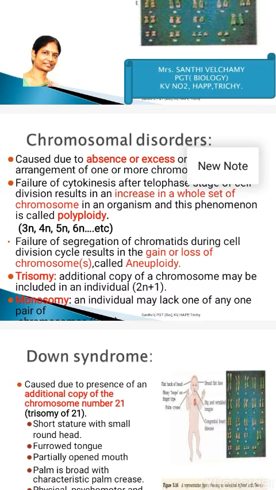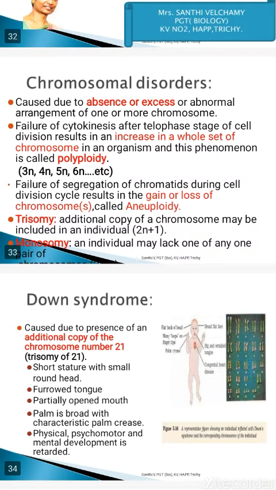Monosomy: what happens if the number increases, the same way the number can decrease also. When one chromosome is decreased, you call that 2n minus 1. For example, if human beings have 46 chromosomes, 2n plus 1 means it will be 47, and 2n minus 1 means it will be 45.